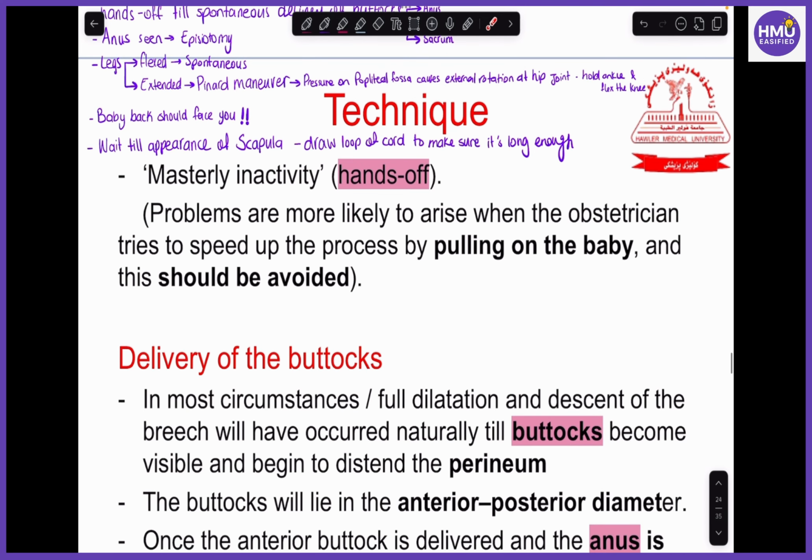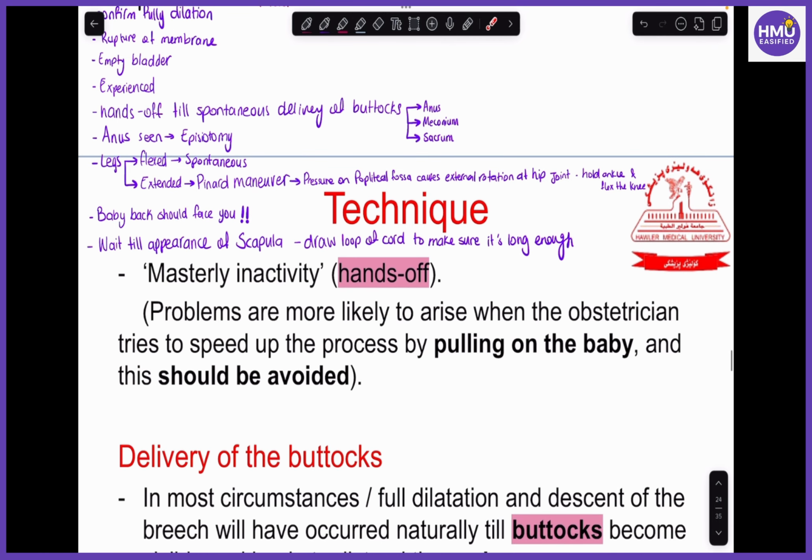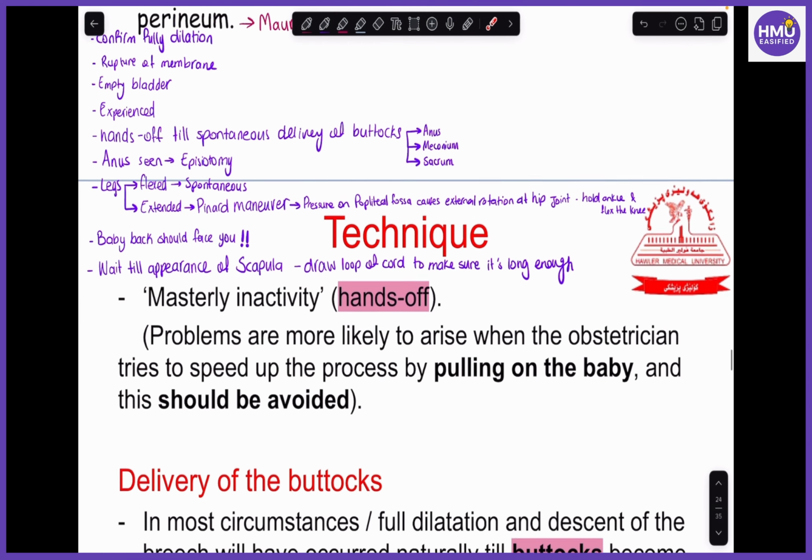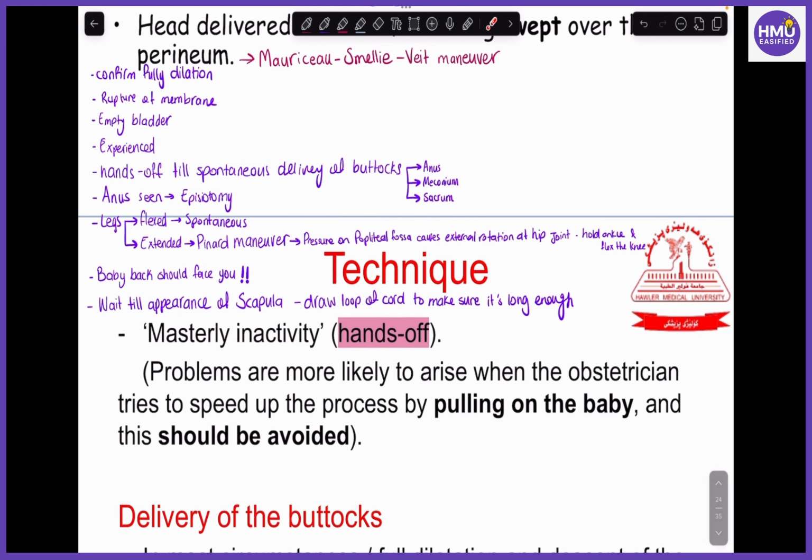When the buttocks are delivered, we will see the anus, meconium and sacrum. When the anus is seen we could do an episiotomy, selectively, after we see the anus, not before. Then we have the legs. If the legs are flexed there will be spontaneous delivery.